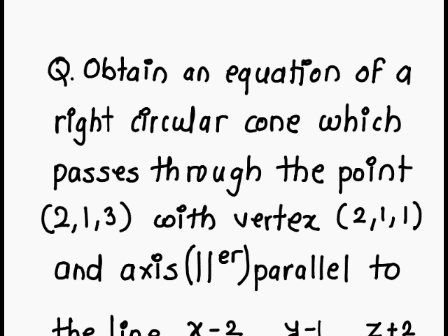Obtain an equation of a right circular cone which passes through the point. So here our first job is to find the keywords. Passes through the point 2, 1, 3 is one of the points from the cone, and with a vertex 2, 1, 1 means this is our alpha, beta, gamma, and axis parallel to the line means the DRs of this line and axis are the same.